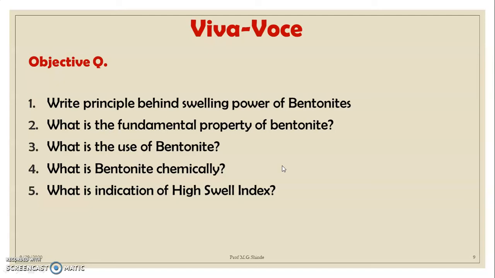Next question: what is the fundamental property of bentonite? The fundamental property of bentonite is to absorb water. Next question: what is the use of bentonite? Bentonite is mainly used as a bulk laxative.